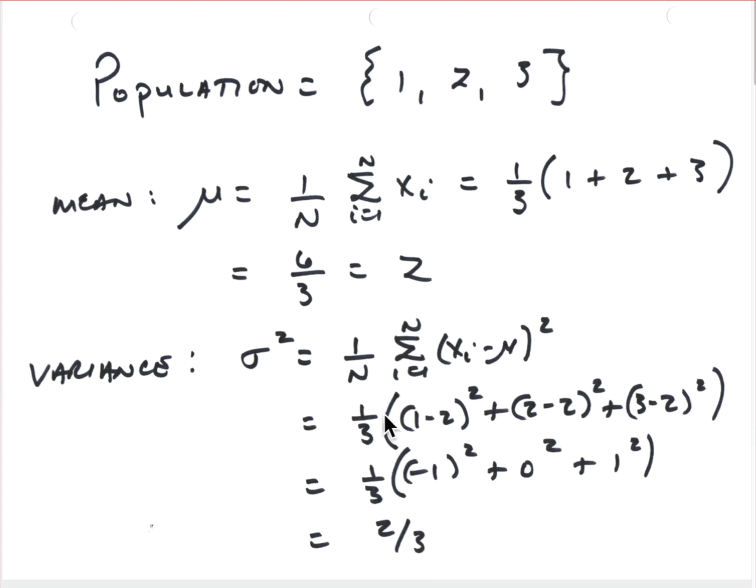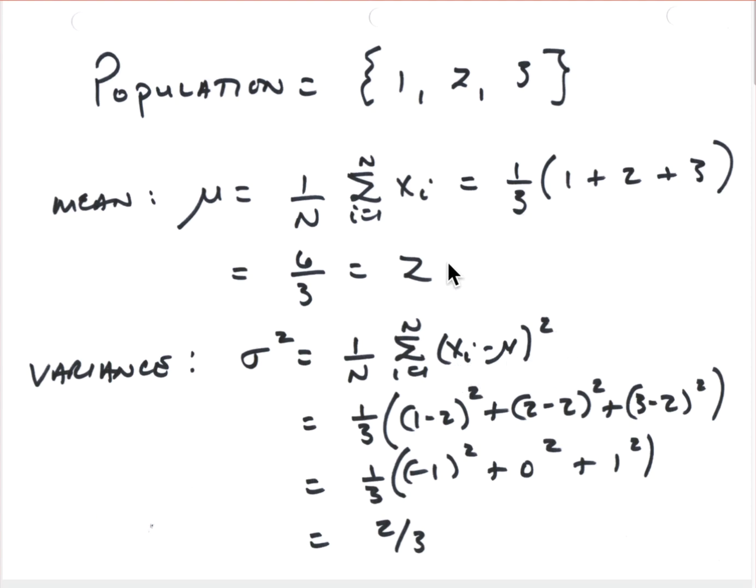The variance for this finite population is given by this expression here. Remember that the variance is the average squared deviation about the population mean in this case. So we would have 1 over cap N times the sum, i going from 1 to cap N, of (x sub i minus mu) squared.